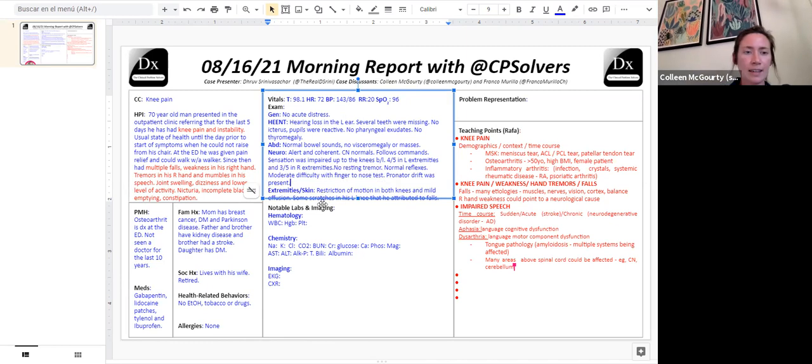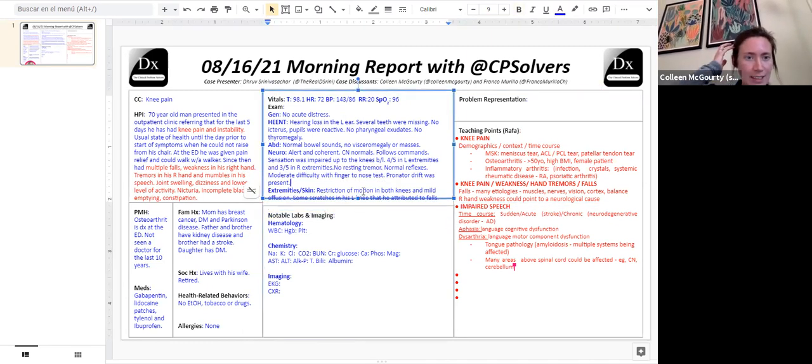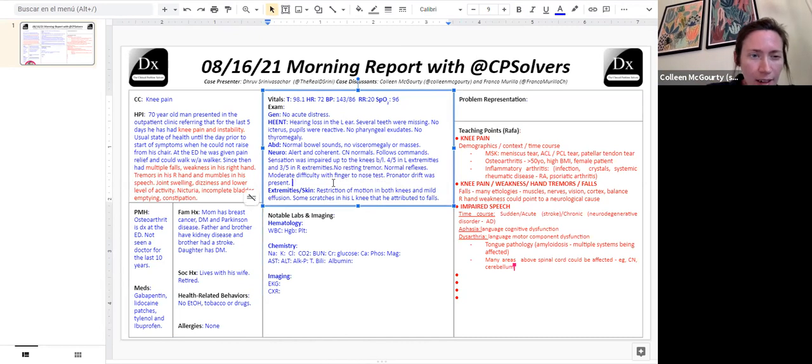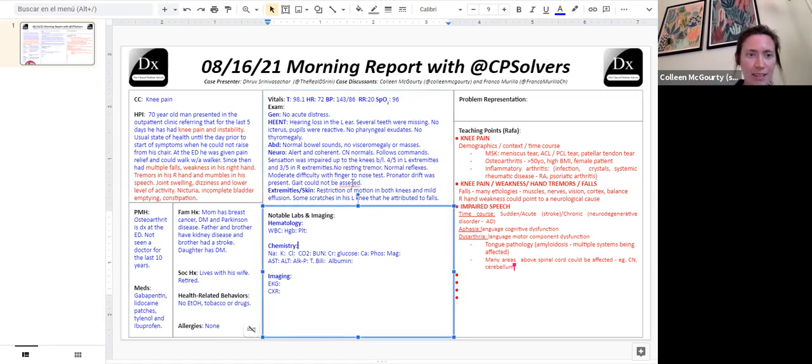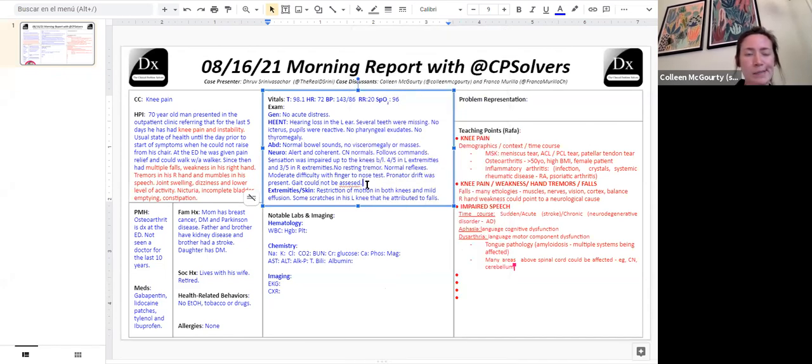And then, zooming more into his physical exam, sorry, let me just look at this again. So this patient has, I guess, both sensory and motor defects in his lower extremities.